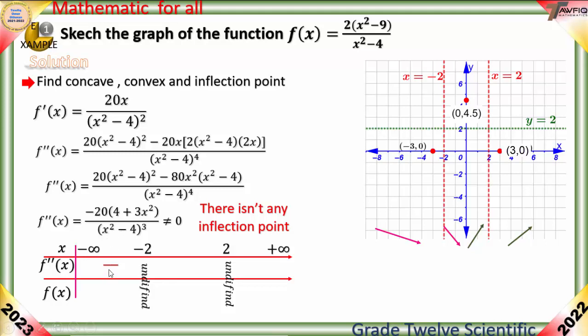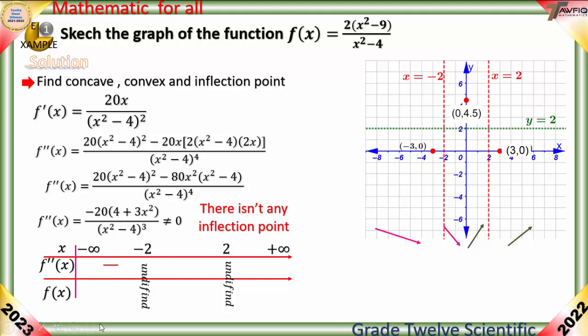For example, if we put minus 3 here, minus 3 squared is 9, times 3 is 27, and plus 4 is 31. 31 times minus 20 is negative, that means the numerator is negative. And now minus 3 squared is 9, minus 4 is 5, 5 is positive, negative over positive is negative.